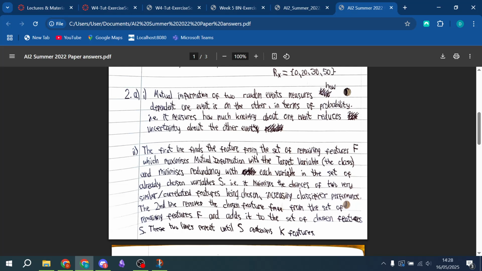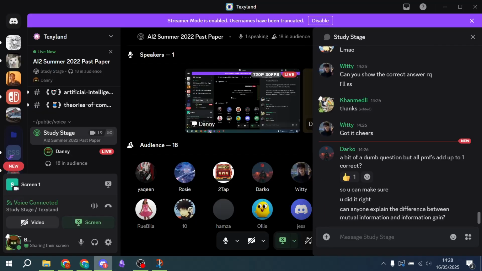That means if they're dependent on each other, and we know about one variable, then we know something about the other one because it depends on it. So it reduces the uncertainty, if that makes sense.